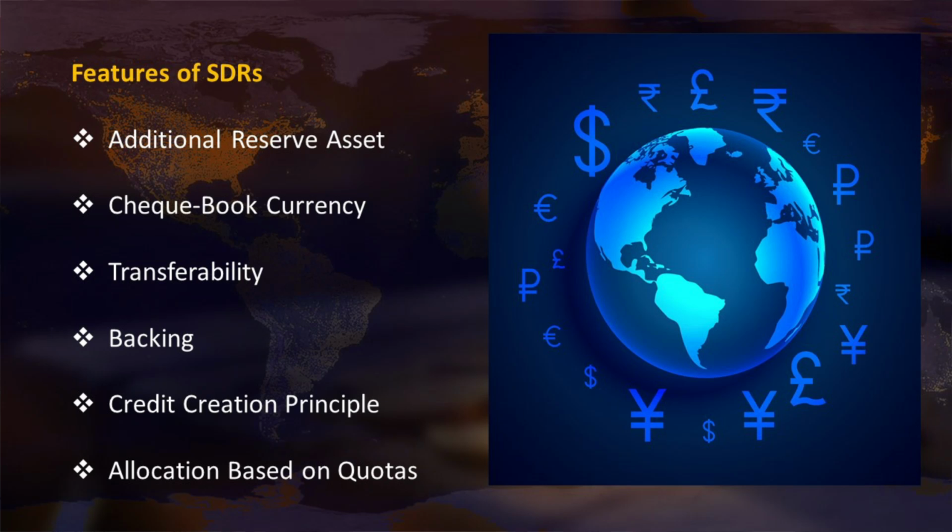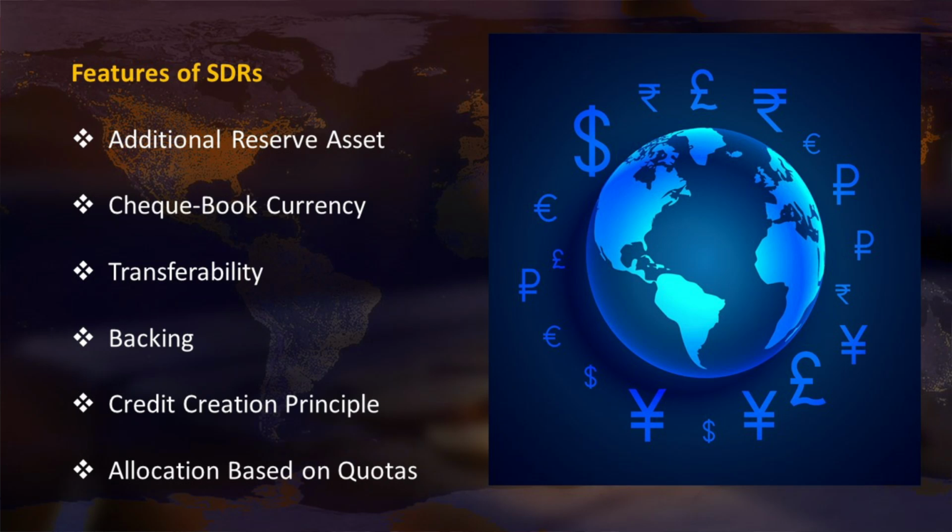The IMF can generate SDR without requiring additional deposits of gold and currency. That is why SDR has an inbuilt principle of creation of credit without having additional deposits of gold and currency.